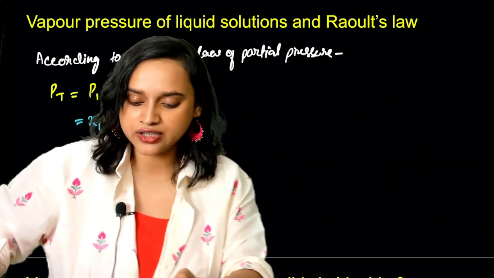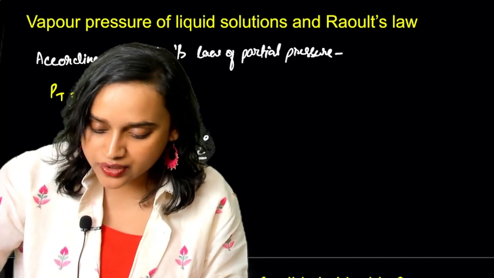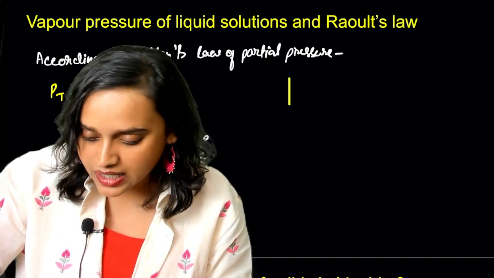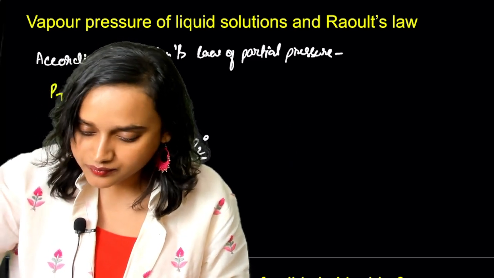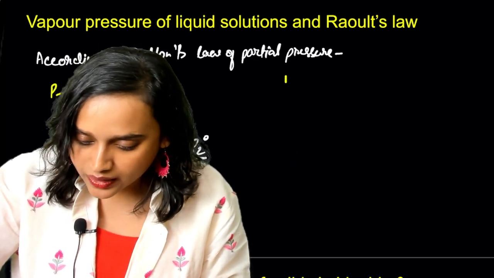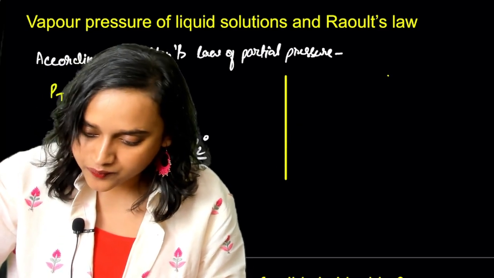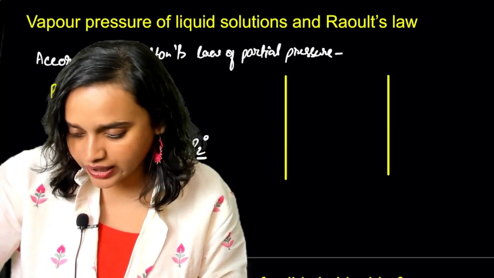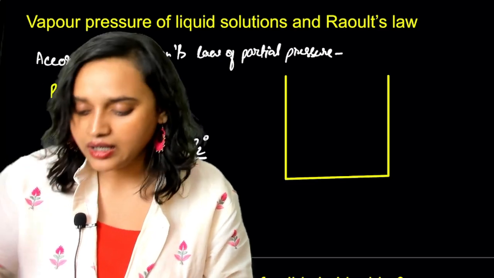Yes, let me draw the graph here and let me show you how the graph is going to look. For this, we take two y-axes. This is one, and here we are going to take another one. Now we're going to join this with the x-axis.